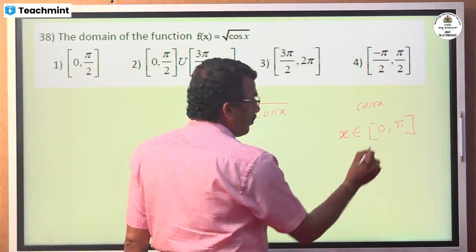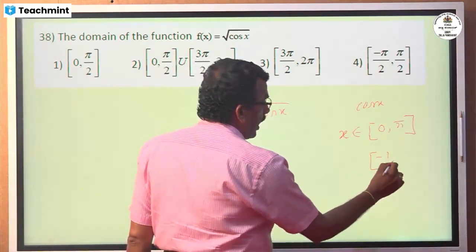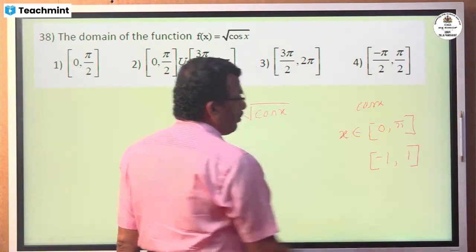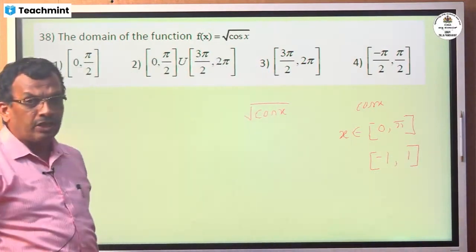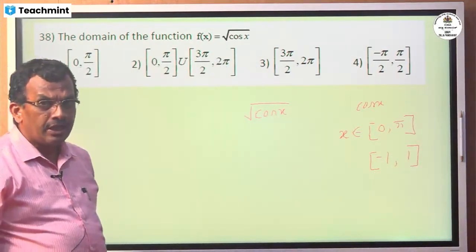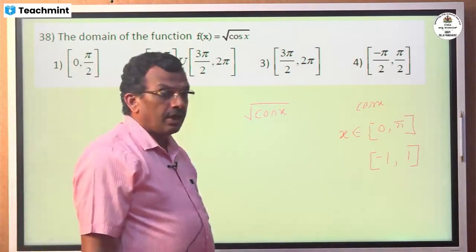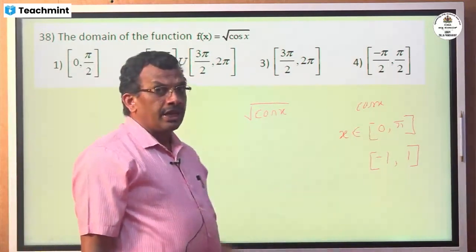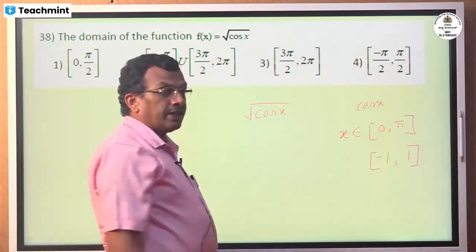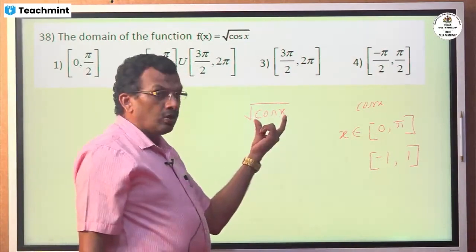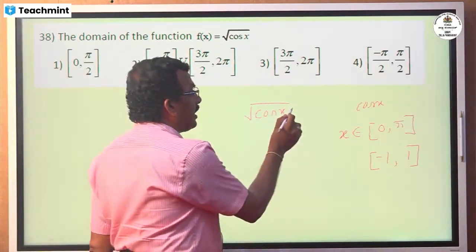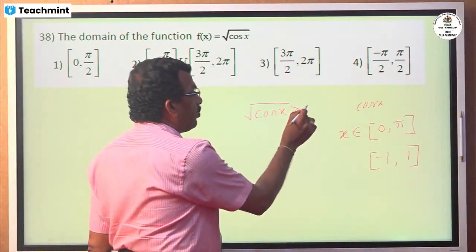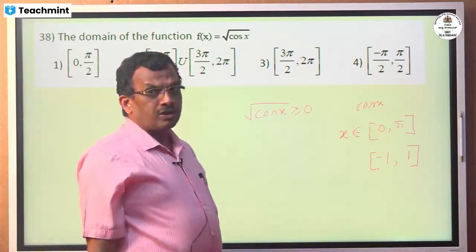When I take different values from this, I will get values between -1 and 1, both included. It is called the range. Now the condition: a root has come. The property says that a term under the root is always greater than or equal to 0.